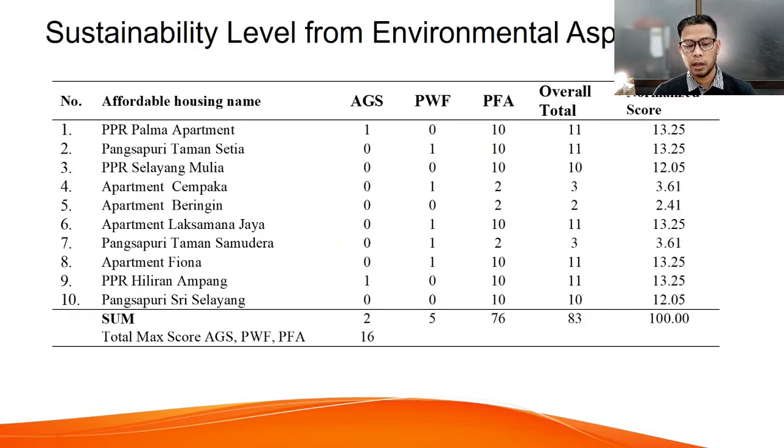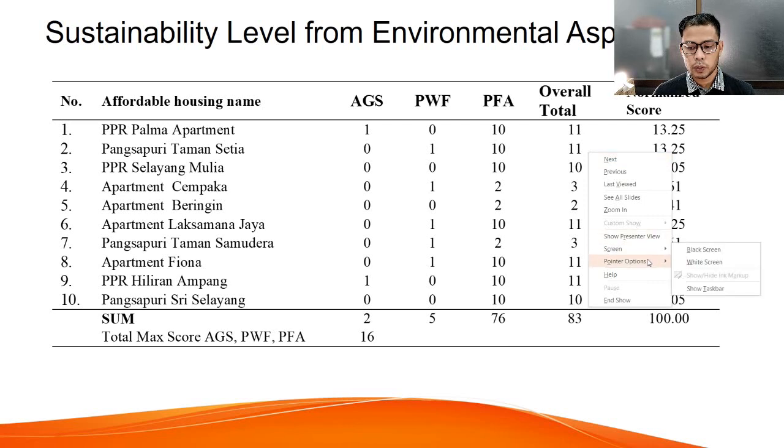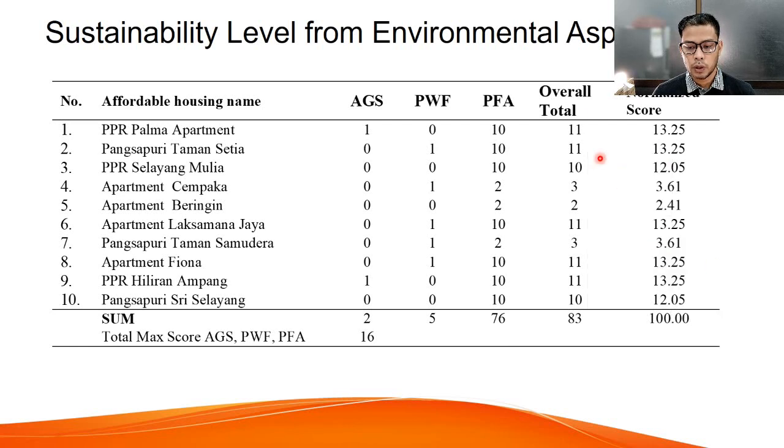Okay, so this is all the total score for each affordable housing. We can see here the overall total. The total for all the indicators is 16, and most of the total score is 11 overall total.